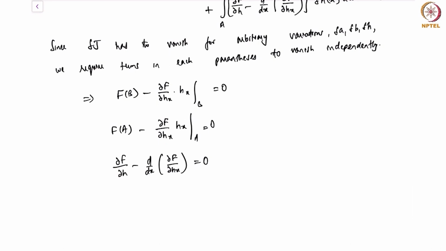So these two are boundary terms, and we will soon see that these boundary terms will help us get the Young's equation at the contact line, and this is the Euler-Lagrange equation. And the Euler-Lagrange equation will help us get the Young-Laplace equation, which kind of helps us connect the Laplace's law and the Young's law together in one.